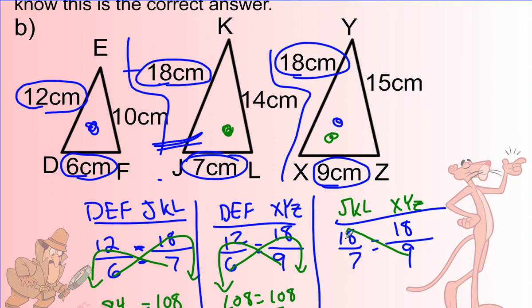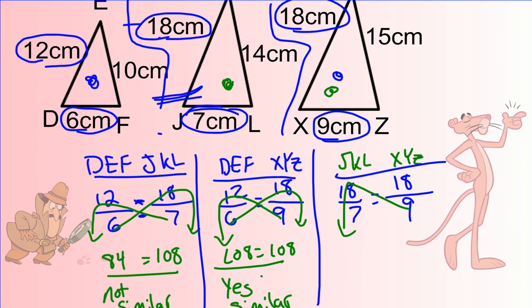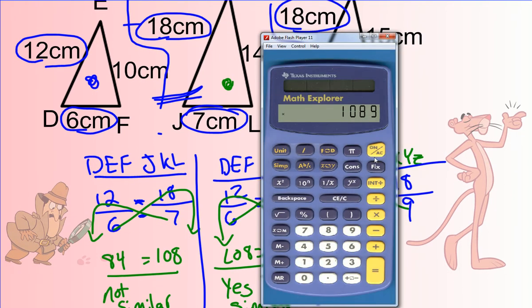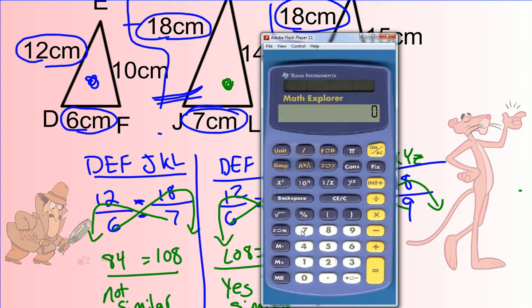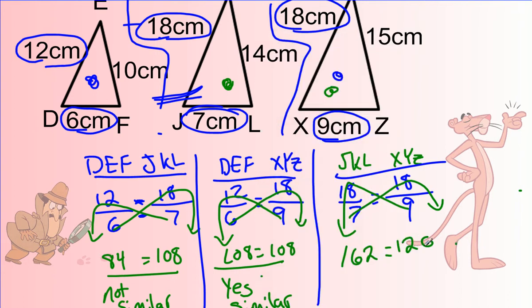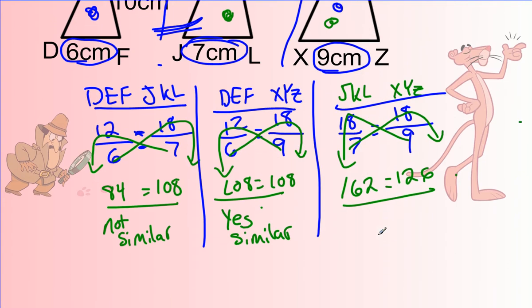I cross multiply. 9 times 18 is 162. 7 times 18, 126. So no, those are not similar.